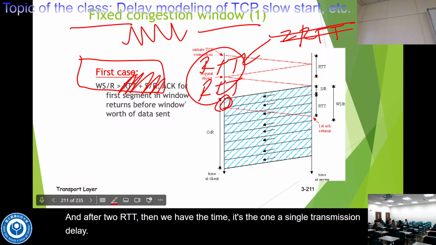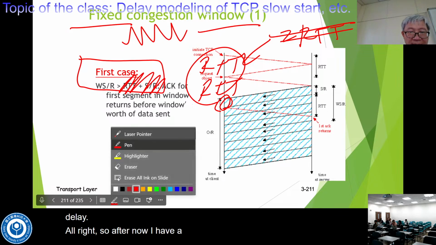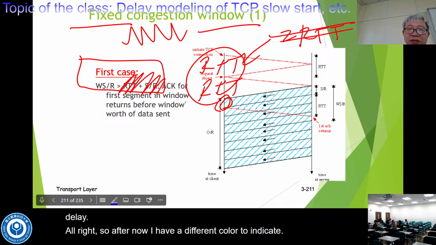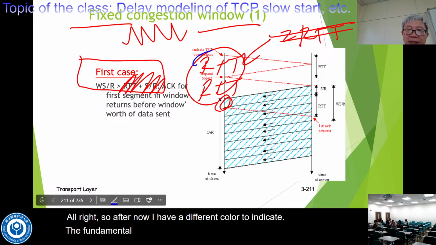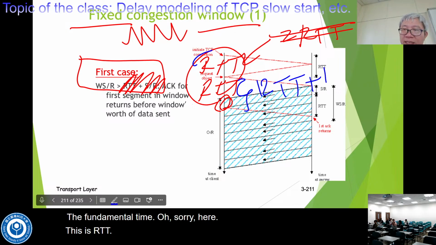Up to now, I have a different color to indicate the fundamental time. This is RTT plus S over R.